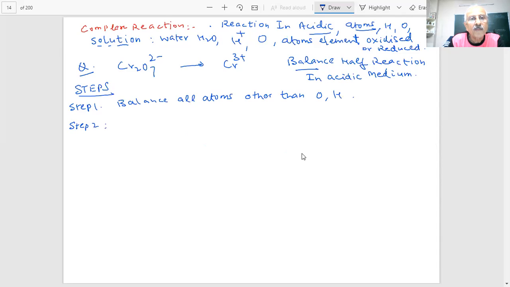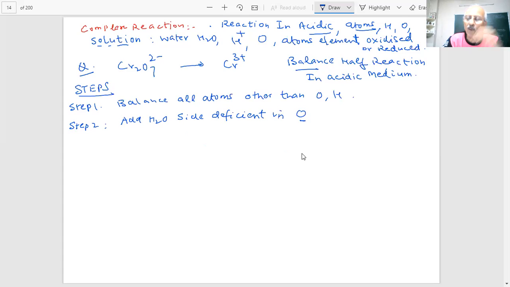Step 2. Somewhere oxygen is more and somewhere oxygen is less. How will we balance oxygen? Then what will we do? You will add H2O to the side which is deficient in oxygen.